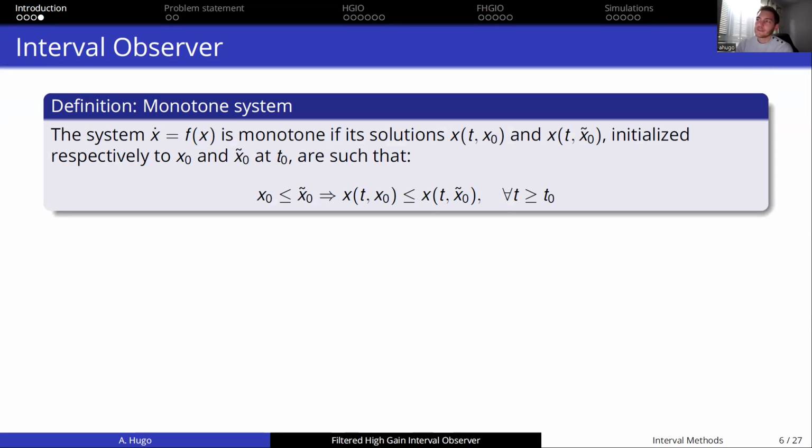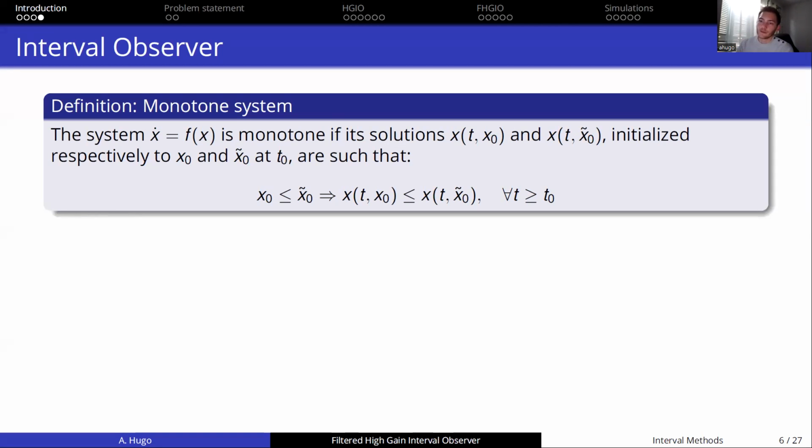Now to talk about interval observers. The design of interval observers is mainly based on monotone systems, and a monotone system is a system whose solution preserves the order relation with respect to the initial conditions.